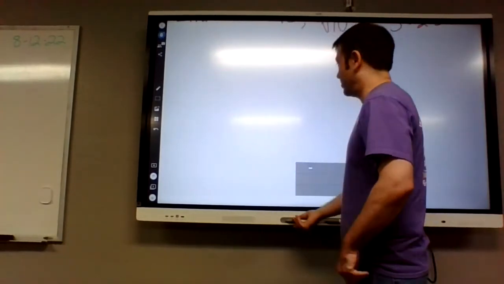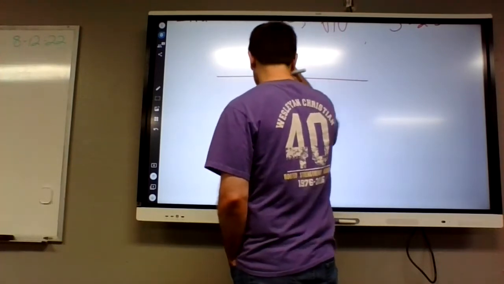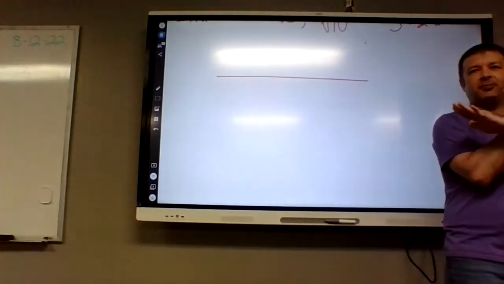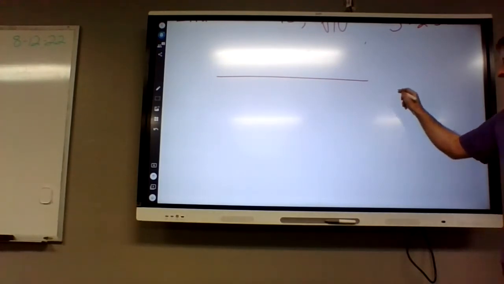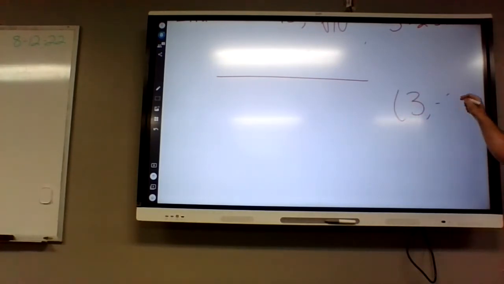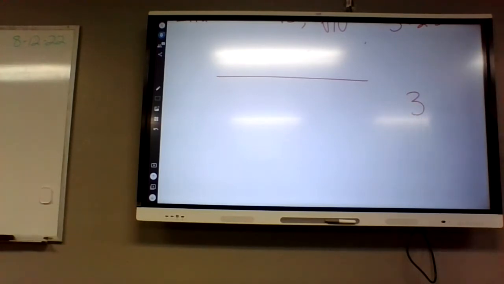Let's talk about graphing a little bit on a number line. Last year, remember those XY coordinate plane graphs? That's if you want to graph an ordered pair, which is not today. That's not this chapter. We're just graphing one number. So how do you graph one number on a number line?